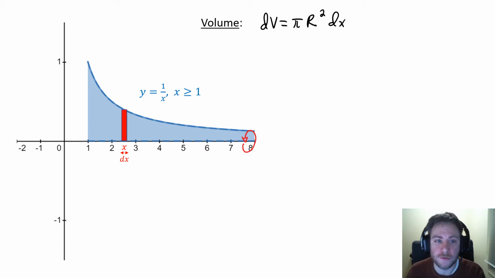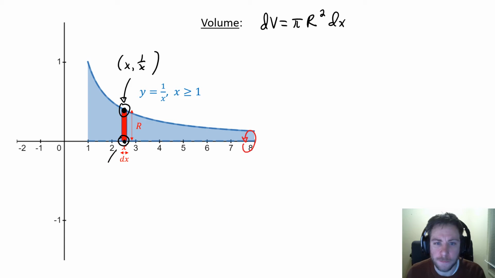R represents the radius of the disk. And if you were able to visualize the rotation, you can see that radius is the same thing as the height of our rectangle. To figure out that height, we need to know the coordinates of the points on each end. And we need these coordinates in terms of x since we're building a dx integral. We know the point at the top would be (x, 1/x) according to the formula for this function.